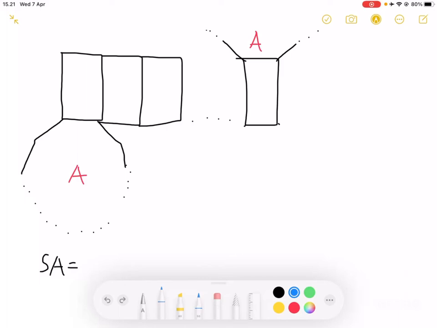So let's just suppose that their widths will be alpha 1, alpha 2, alpha 3, all the way up to alpha n. And notice that the length of the rectangles is exactly equal to the length of the extension of the original prism itself, which is, let's just suppose, h.